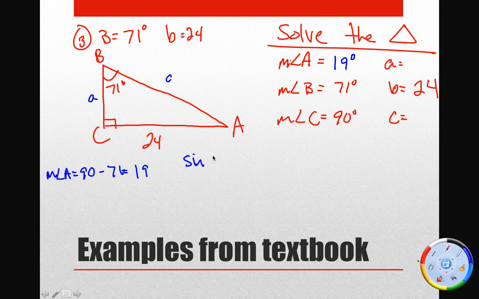So sine of 71 has to equal the opposite side over the hypotenuse. The idea is to solve for c, so I multiply both sides by c, or cross multiply essentially. And then to get c by itself, I need to divide by sine of 71.